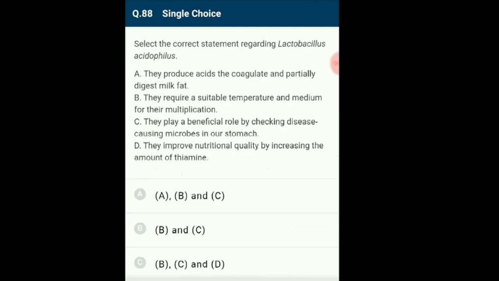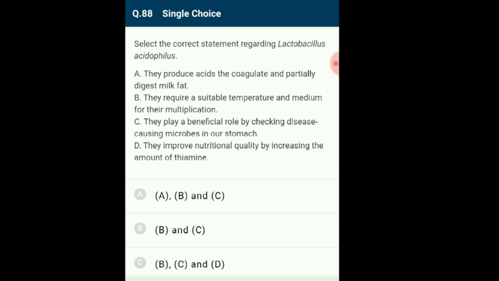Question number 88. Select the correct statement regarding Lactobacillus acidophilus. They are bacteria with low GC content. They are acid tolerant, non-sporulating, cocci or rod-shaped bacteria. It is the most important group of microorganisms used in food fermentation. Lactic acid bacteria help in the conversion of milk into curd by coagulating milk proteins.